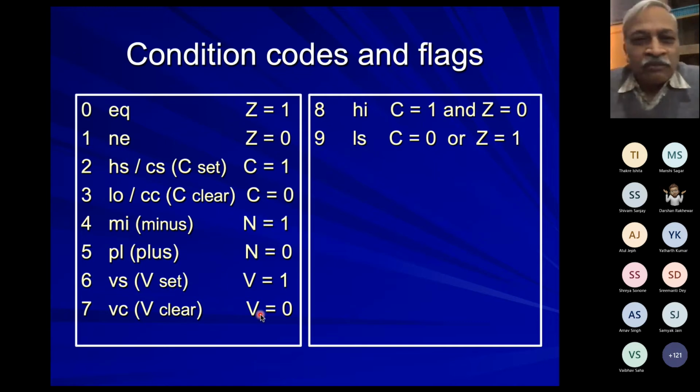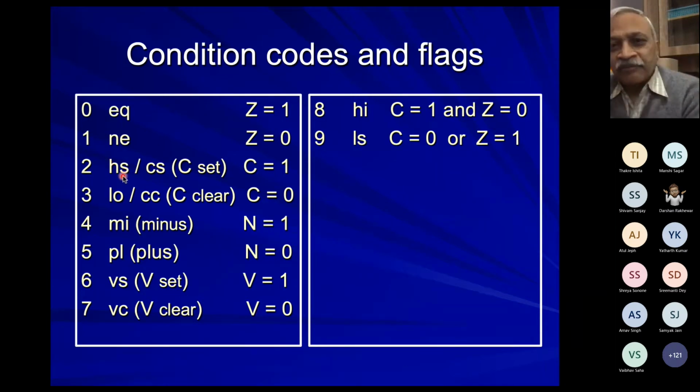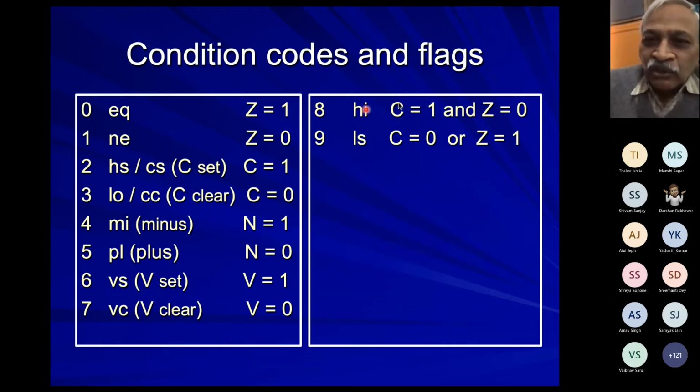So, branch if higher. You notice here HS means branch if higher or same. Here we are checking just for greater, not greater than equal to, but greater, for unsigned numbers. So if C is 1 and Z is 0, that means the equal condition is being excluded.